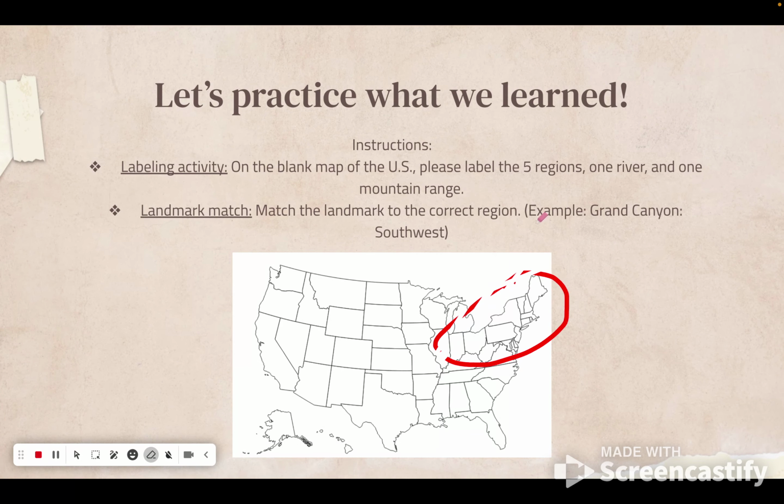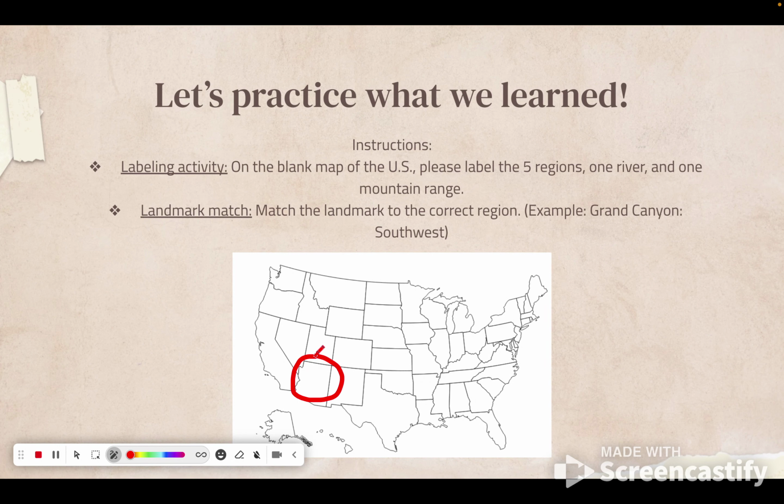Let me erase that really quick, or I can just do that. And I would also like for you to do a landmark match, which is match the landmark to the correct region. And a good example of that would be taking your pen and circling the state of Arizona and saying Grand Canyon Southwest. Oops. Moving on.